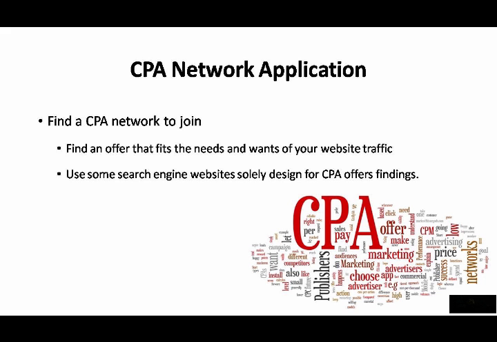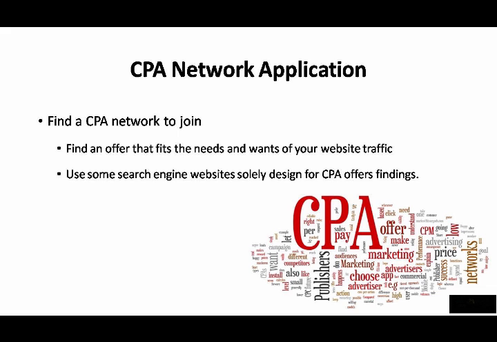In order to easily accomplish this, you could use some search engine websites solely designed for finding CPA offers. Two of the most prominent sites like this are OfferVault and ODigger. You only have to enter the keyword, and then the results related to your keyword will be displayed. So for instance, if you searched games on those sites, CPA offers related to games will be displayed.